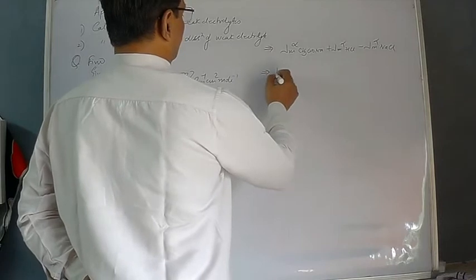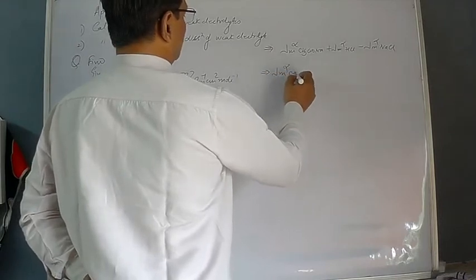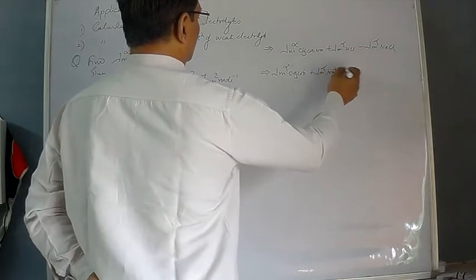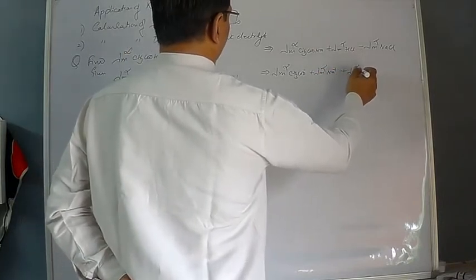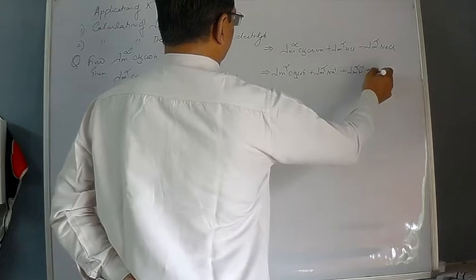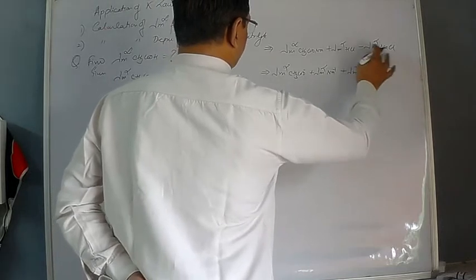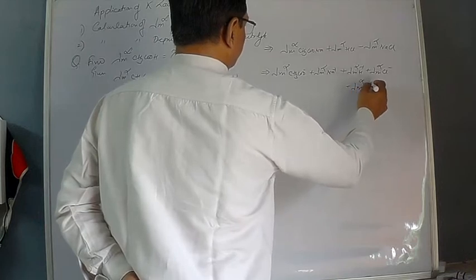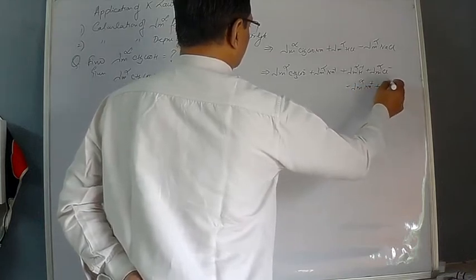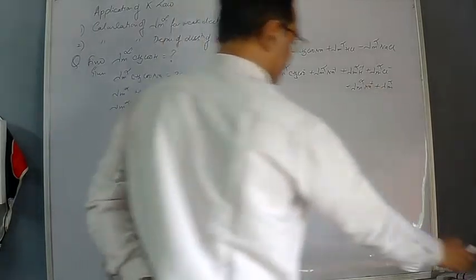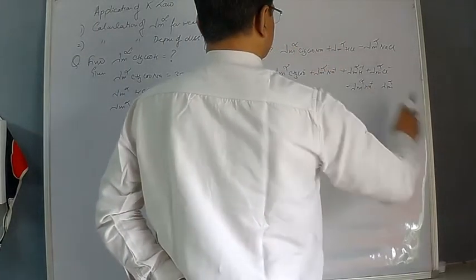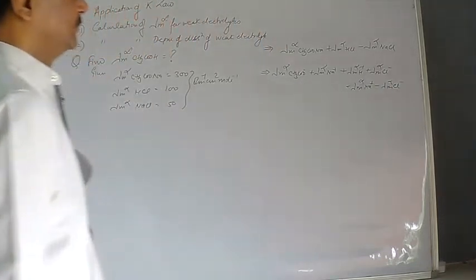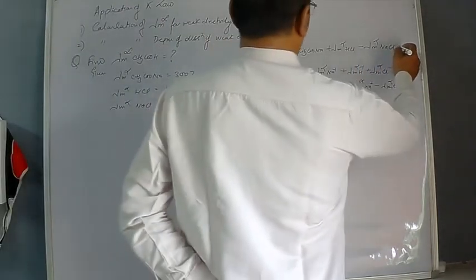In the next step, I can write lambda m infinity acetate ion plus lambda m infinity Na plus ion plus lambda m infinity H plus ion plus lambda m infinity chloride ion, and now negative sign, lambda m infinity Na plus ion and lambda m infinity chloride ion. Class, let us make this equation number 1.